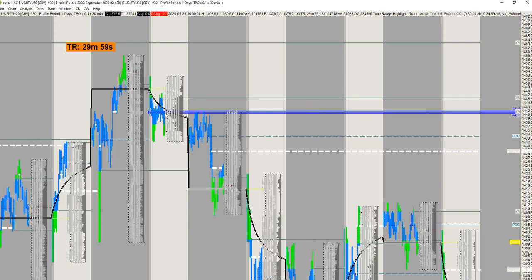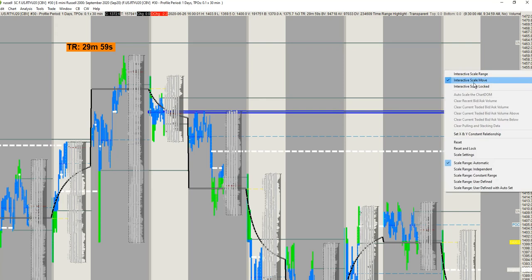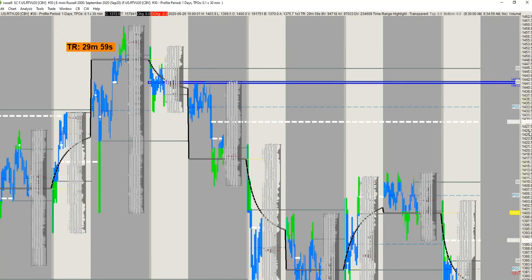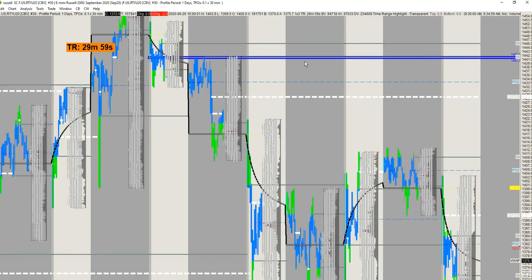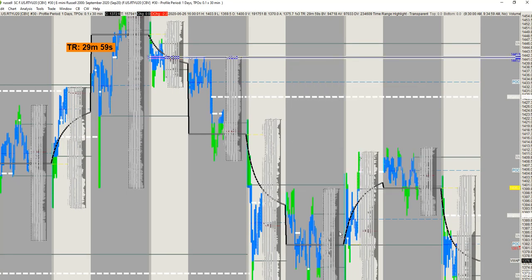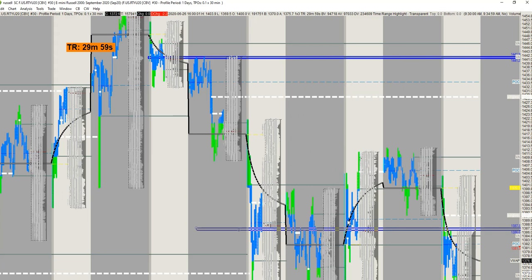It comes and rejects the TPOC so clearly. This is the overnight that rejects that TPOC, okay? If you watch the Russell trade this way, it's unbelievable. It really trades fairly technical when it comes to Market Profile.